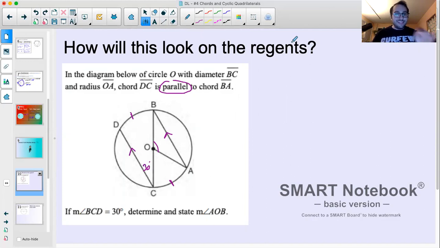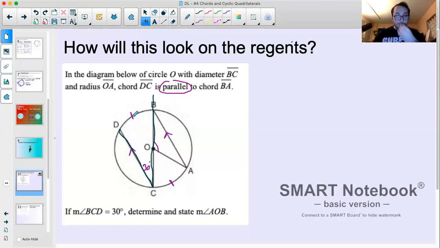So angle DCB. If you check this out, I'm going to highlight it and then I'm going to erase it so it doesn't become a messy picture. That's an inscribed angle. So if angle DCB is inscribed, remember the angle is half the measure of the arc. So that means the arc is double the angle, right?